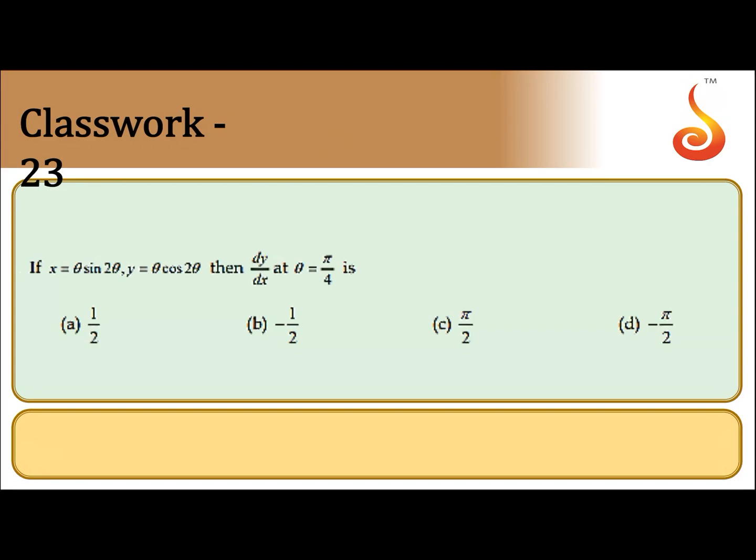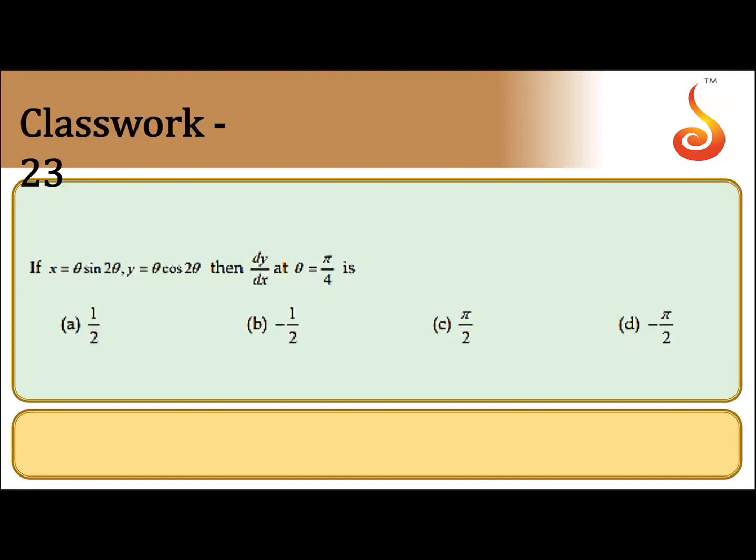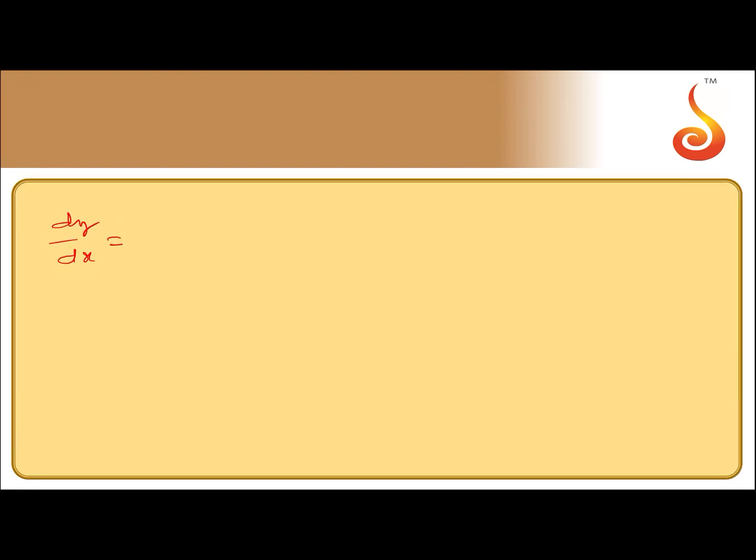Coming here, y is equals to theta cos 2 theta, x is equals to theta sin 2 theta. So dy by dx is equals to derivative of theta cos 2 theta.